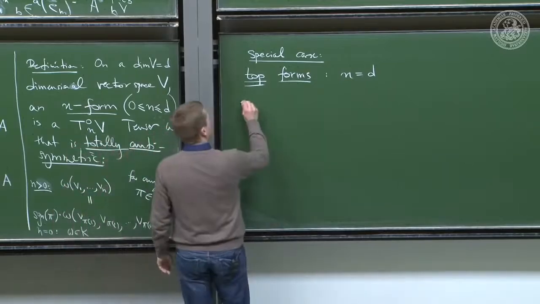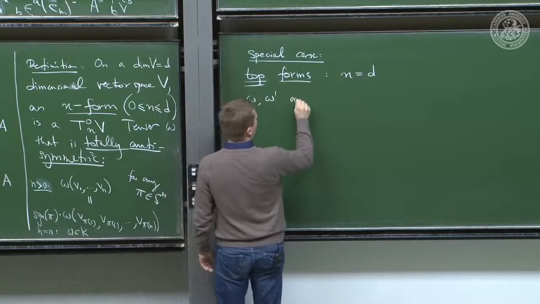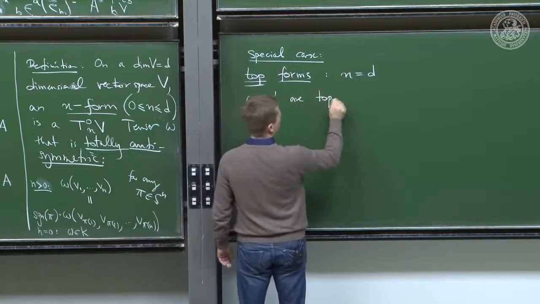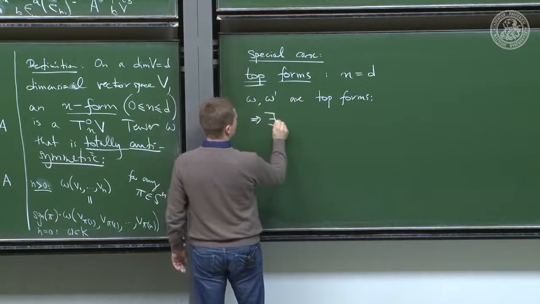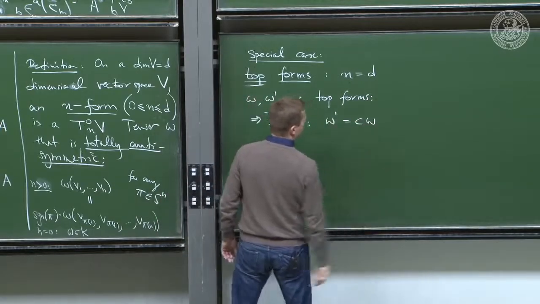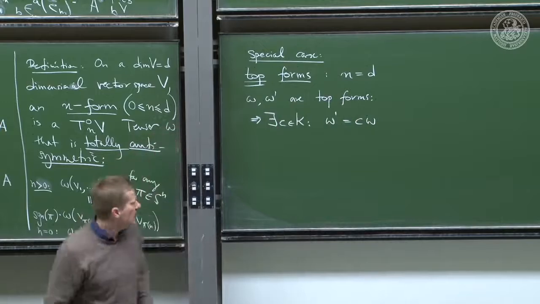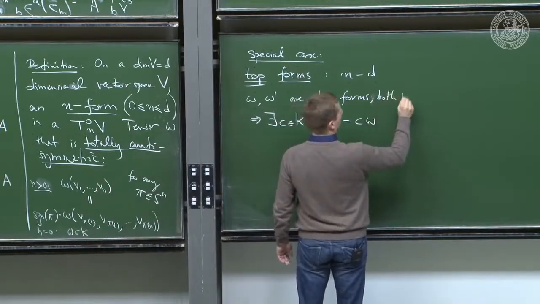Top forms have the following property. If omega and omega prime are top forms, both non-vanishing, then there exists a number c such that omega prime is c times omega.